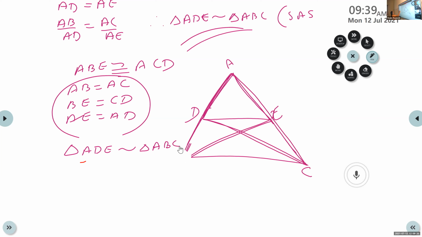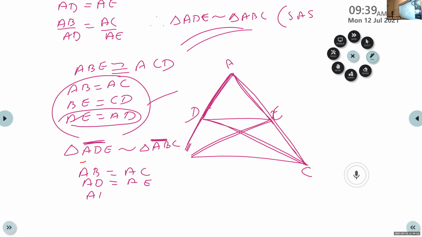This we need to prove. So I took AB equal to AC from these three. Also we have AE and AD. But see here, AD corresponding to AB. Okay, so here first I wrote AB, so I wrote AD because corresponding to AB we have AD equal to AE.